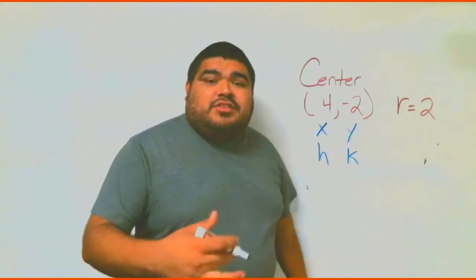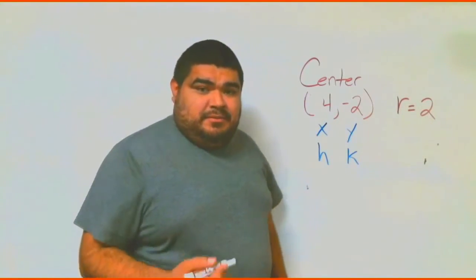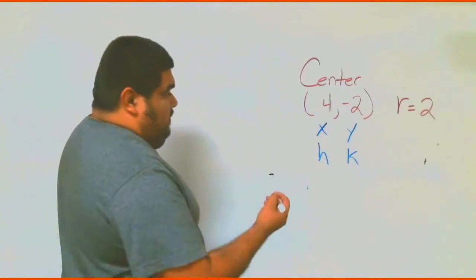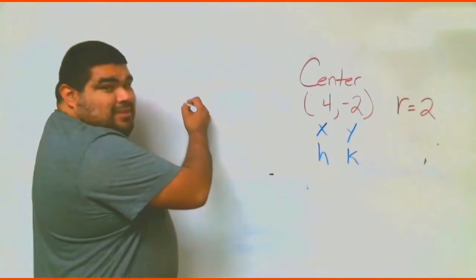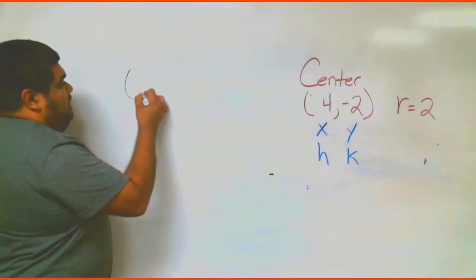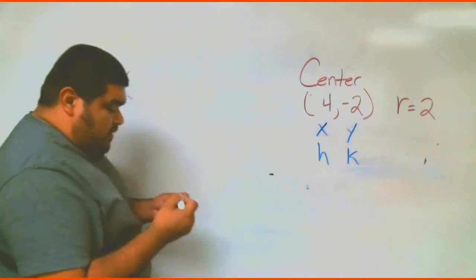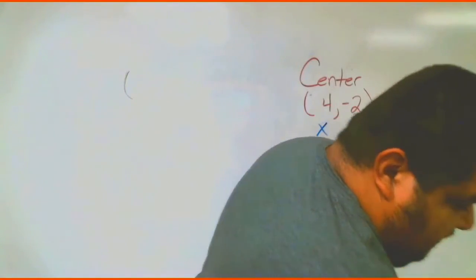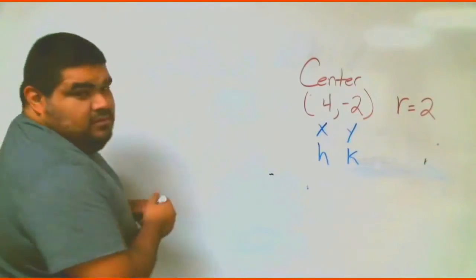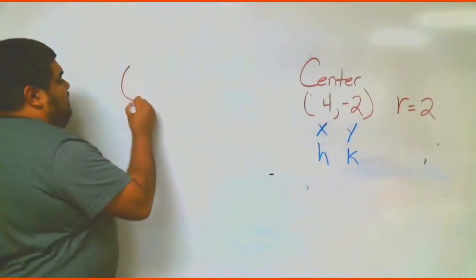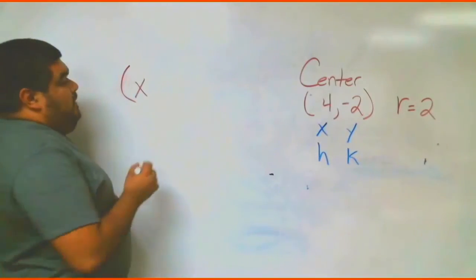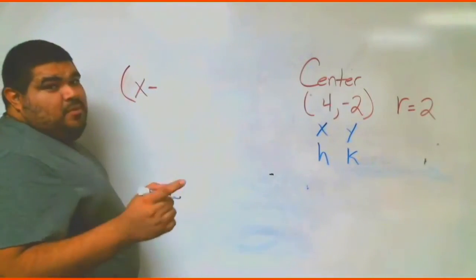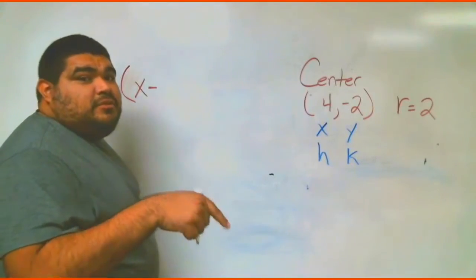So the equation for this circle is parentheses, pretty bad marker. Let's try another marker here. It's x minus, remember, the equation goes h, right?